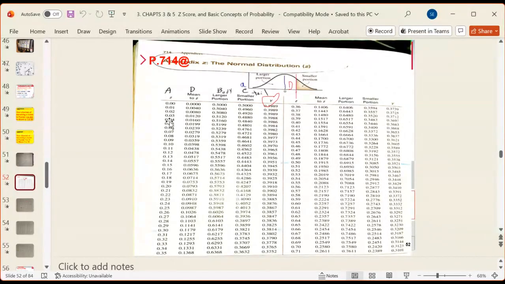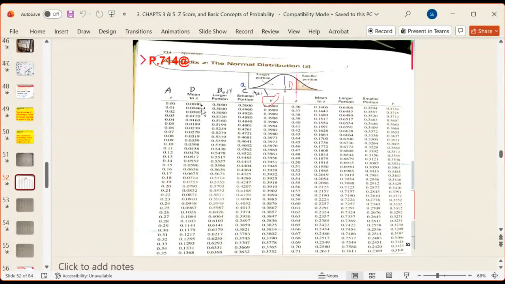The first column is called Z-score. These are critical values for the Z-score. Once you calculate the Z, that would be the calculated value for Z, but these are critical values for the Z.